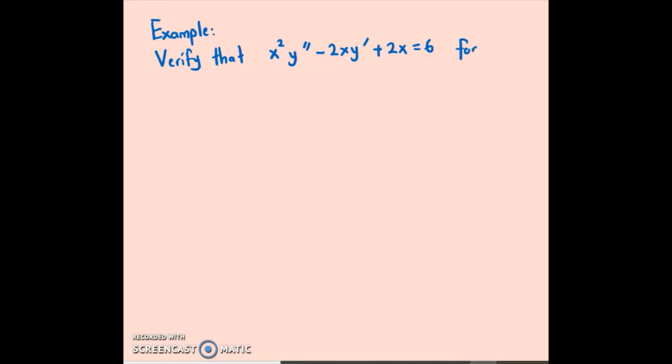Okay, so verify that x squared y double prime minus 2xy prime plus 2y equals 6, for y(0) equals 3 and y'(0) equals 1, has no unique solution.